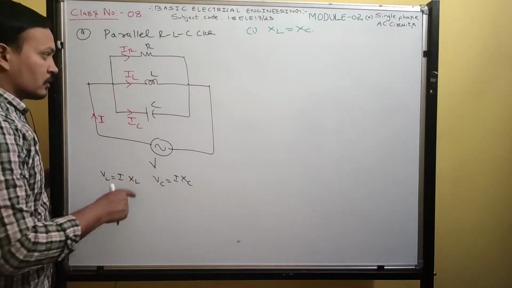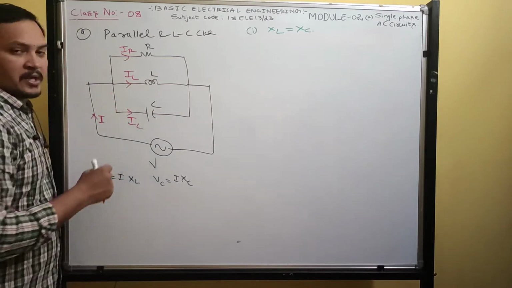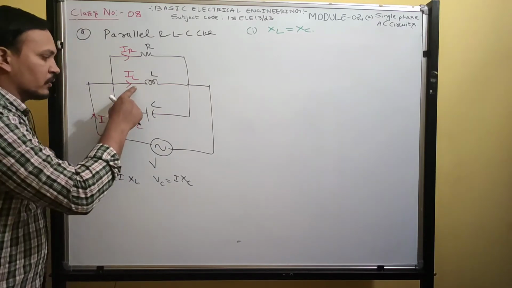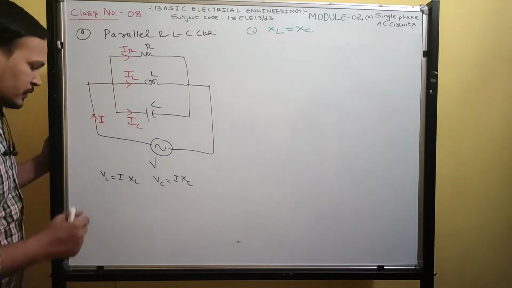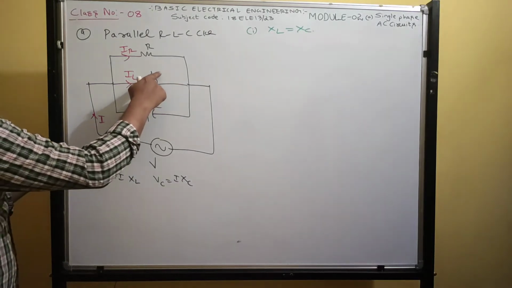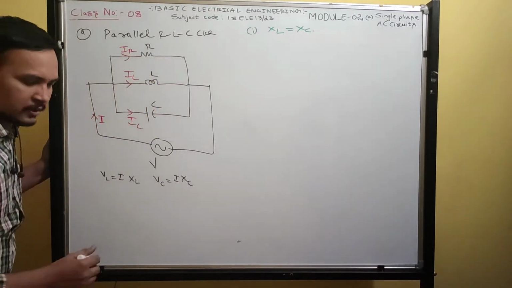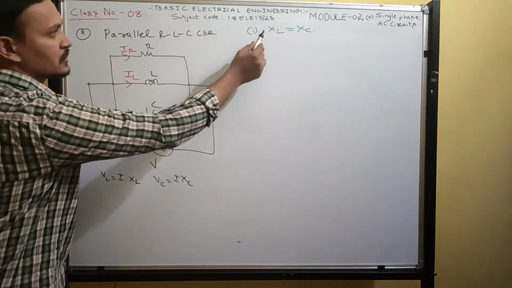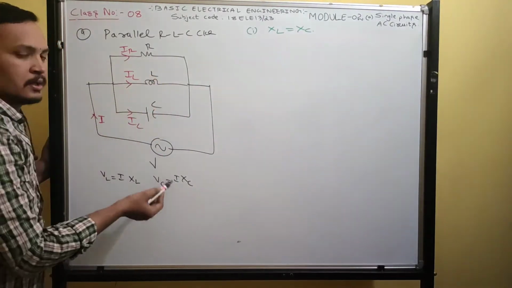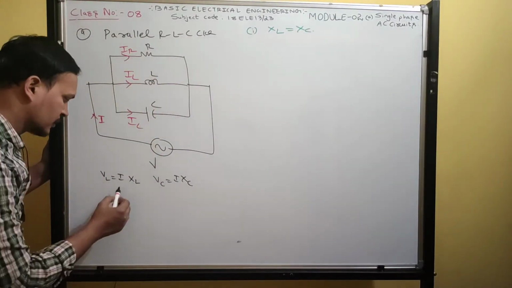Here the voltage across the inductor and capacitor is the same, but the currents flowing through them will be different due to different inductive and capacitive reactance. However, for this condition, we have taken the same inductive and capacitive reactance.